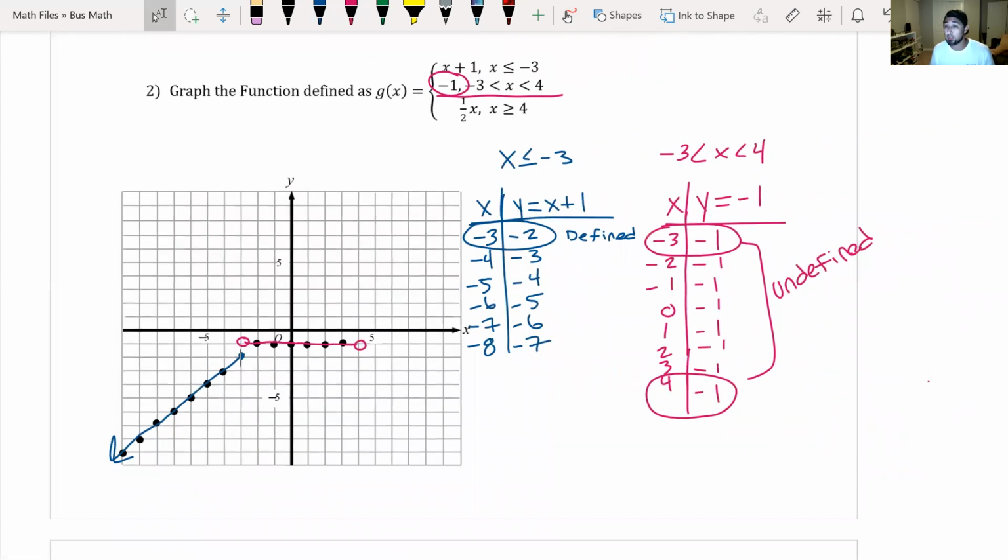Now, XY chart for the last function. One half x, we can only use 1/2 x if x is greater than or equal to 4. So x and y equal 1/2 x.